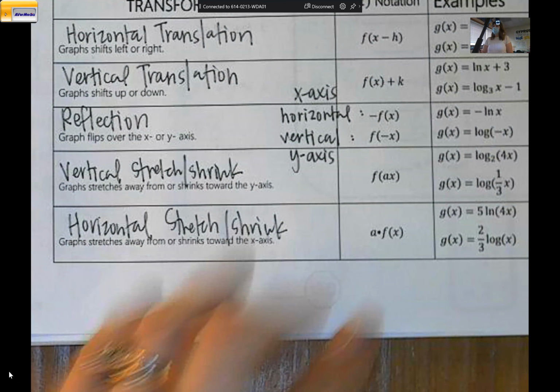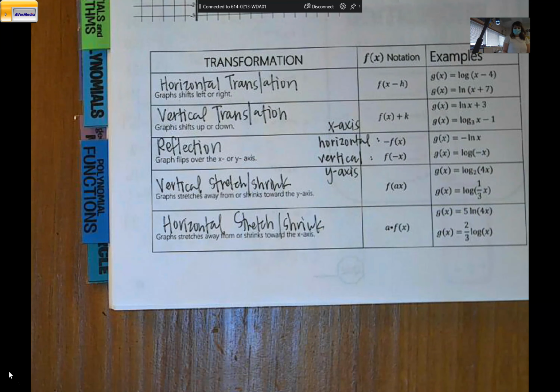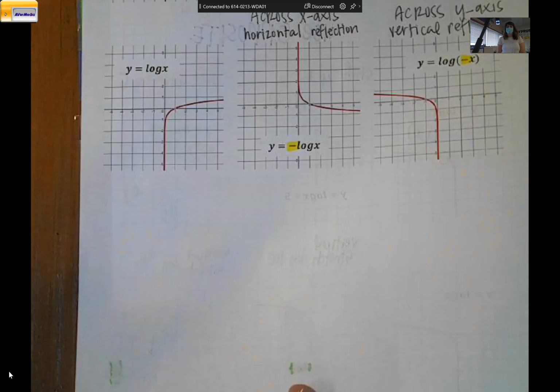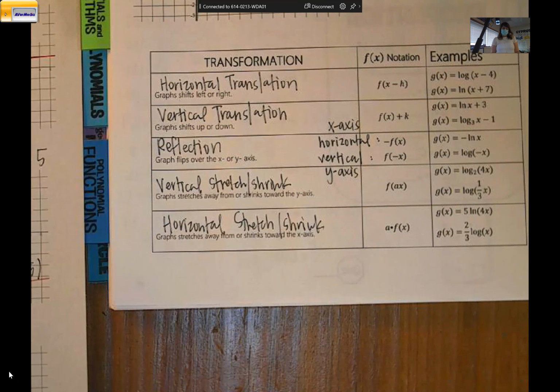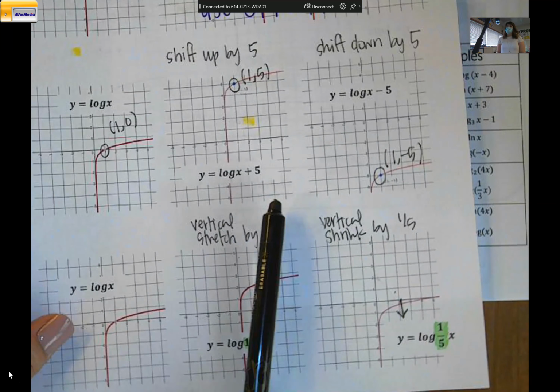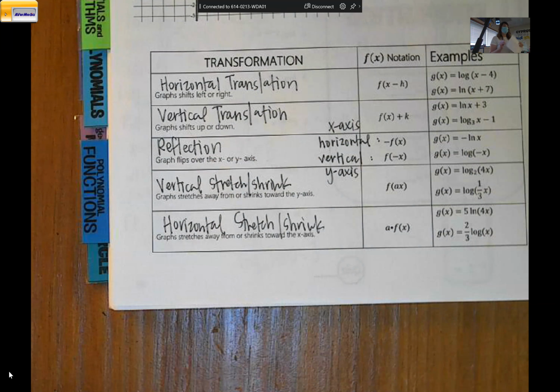So this table is the math symbols. The graphs are a visual of what is actually happening with your logarithmic function. I use this one the most, but you're either going to use this one or this one to, one, describe transformations, and two, write the function given transformations.